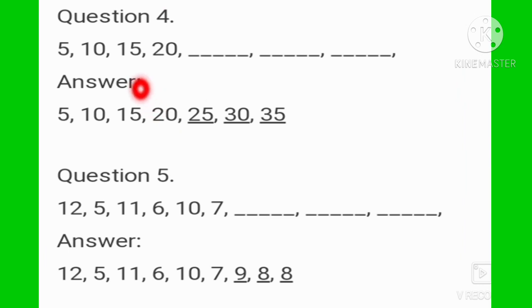I hope you all know the fifth table, isn't it? 5, 10, 15, 20. What will be the next number? 25, 30, 35. Yes. If you know the fifth table, you can easily write this pattern.